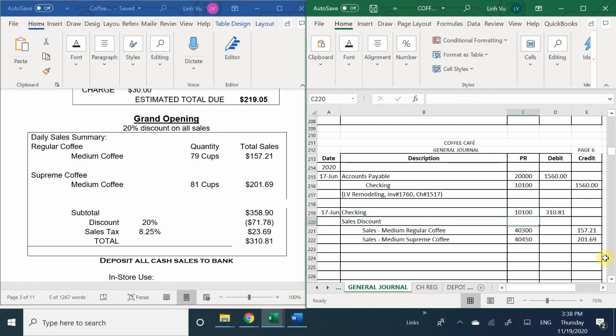Where is it? Oh, sales discount, correct? Okay. Sales discount, and that was 46,000 is the account number. And that's going to be the 7178.